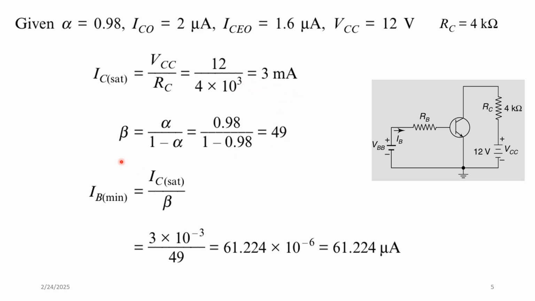Next I substitute alpha value for calculation of beta: alpha is 0.98 divided by 1 minus 0.98, I get 49. And minimum base current requirement is IC saturation divided by beta: 3 into 10 power minus 3 divided by 49. The answer is 61.224 microamps.